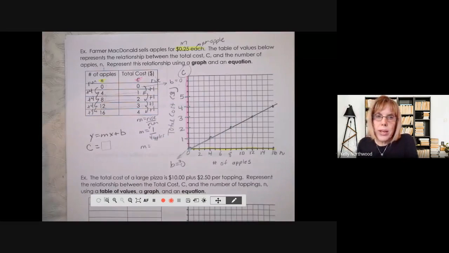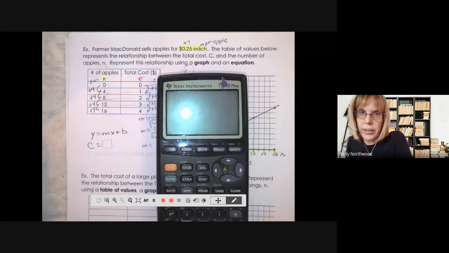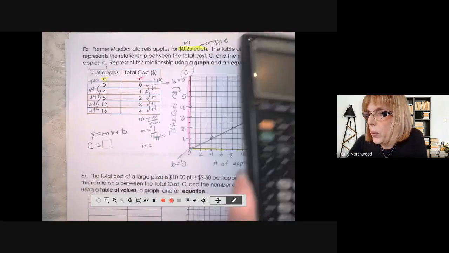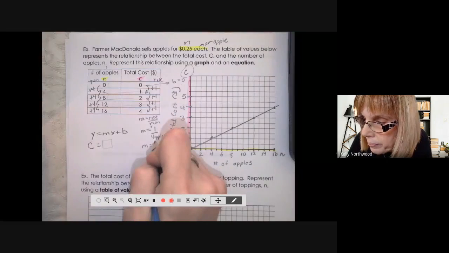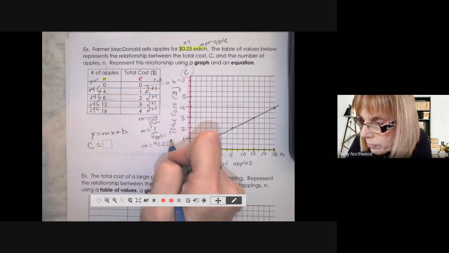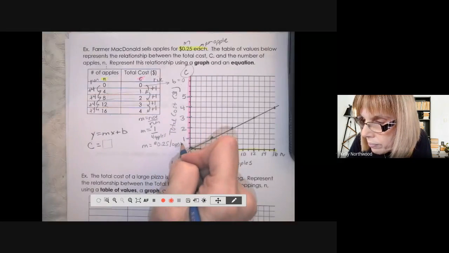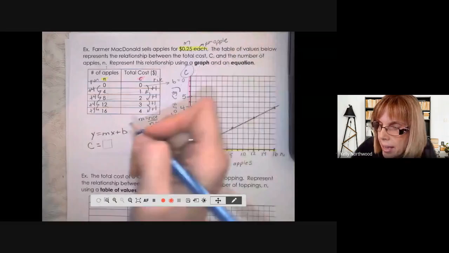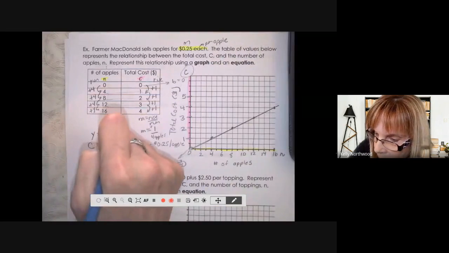And if I do 1 divided by 4 on my calculator, I get 0.25 or 25 cents per apple. So I was right in my question. M is 0.25.